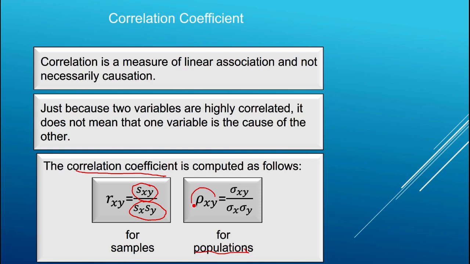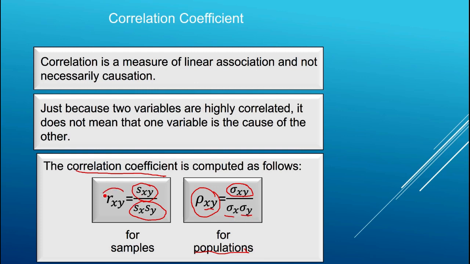The correlation is typically denoted with rho, subscript xy, to denote the two variables for which we are calculating the relationship between. We take the population measure of the covariance that we calculated previously, and we divide it by the standard deviation of x multiplied by the standard deviation of y.